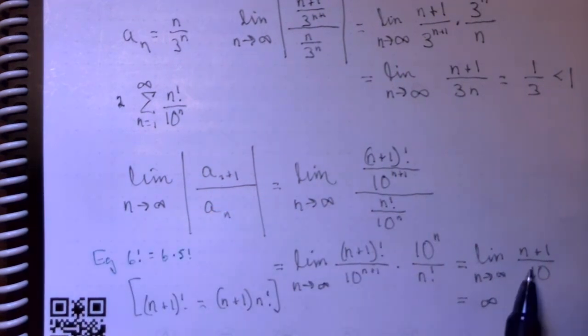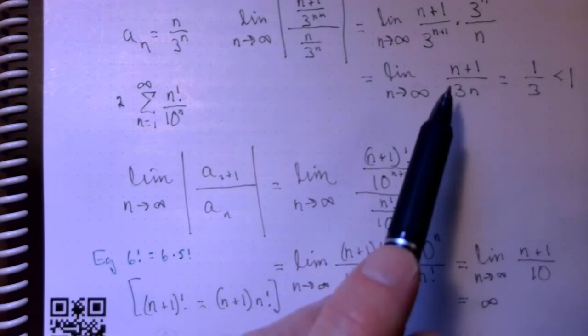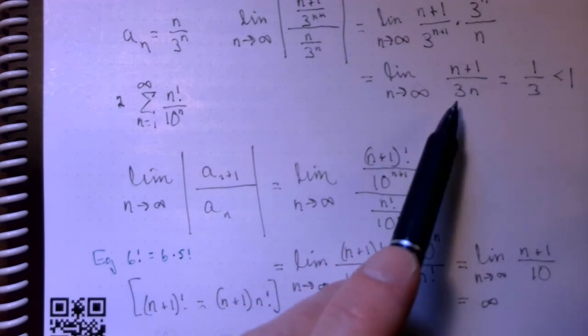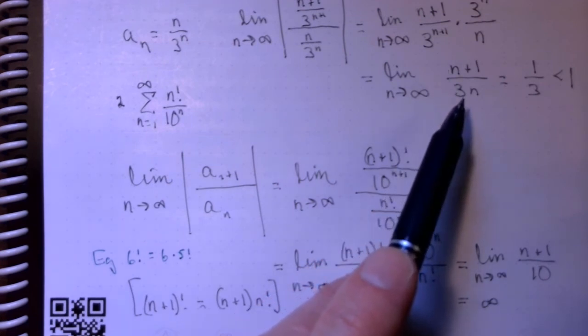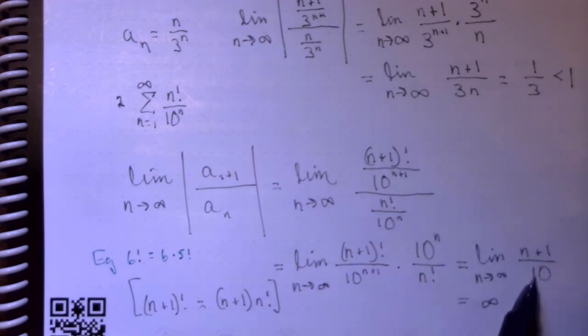This is not an indeterminate form anymore like this one was up here. In this problem, both the numerator and denominator were growing without bound. Here, the denominator is fixed and the numerator is growing. So the bigger n gets, the bigger this fraction gets. And that's why the limit here is infinity.